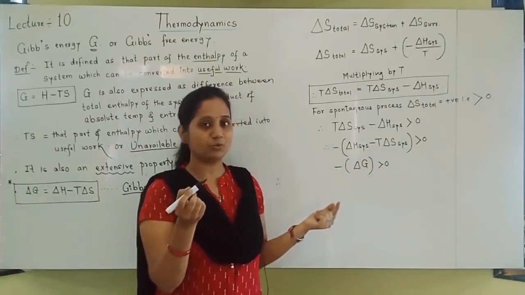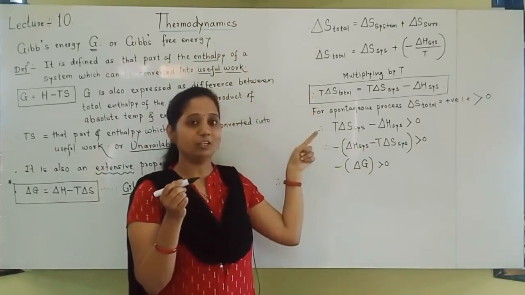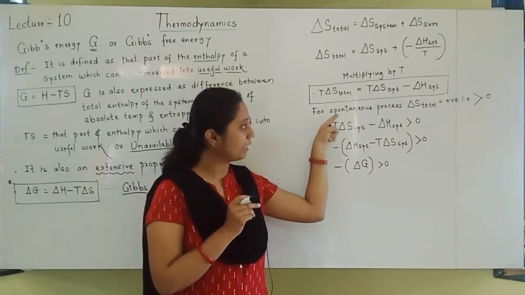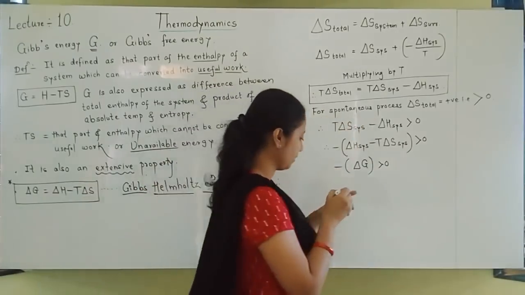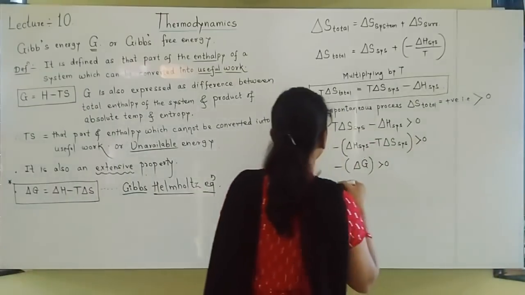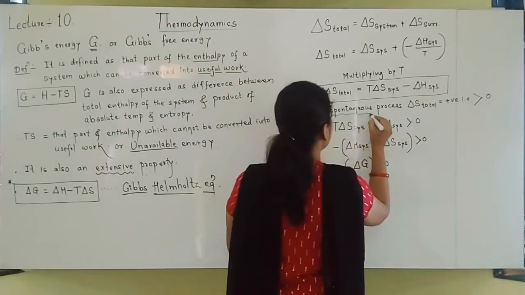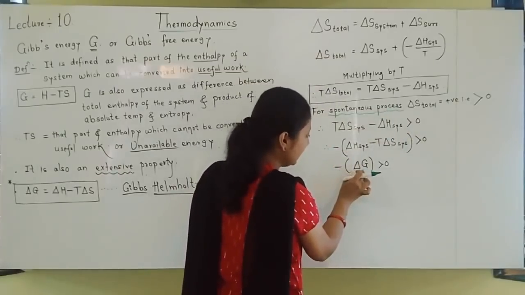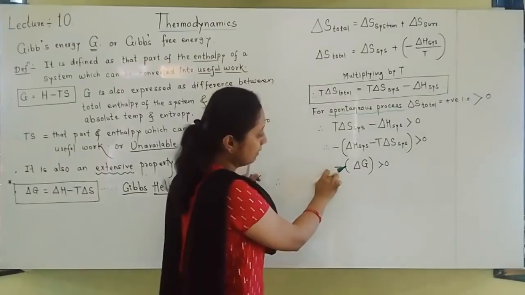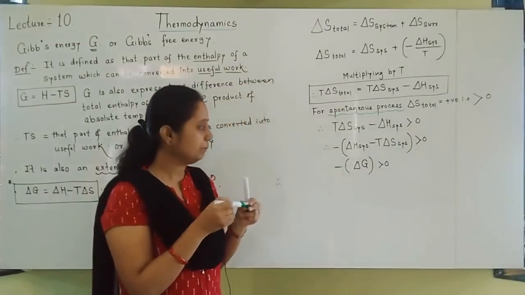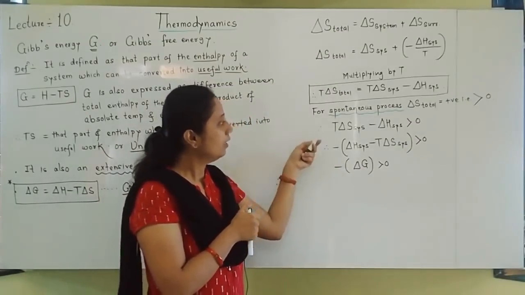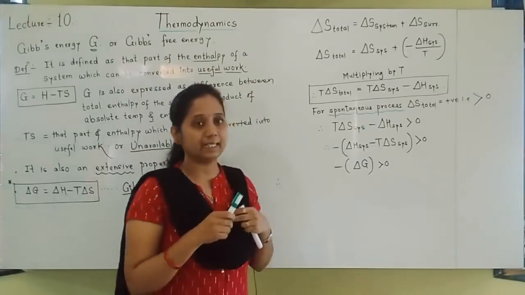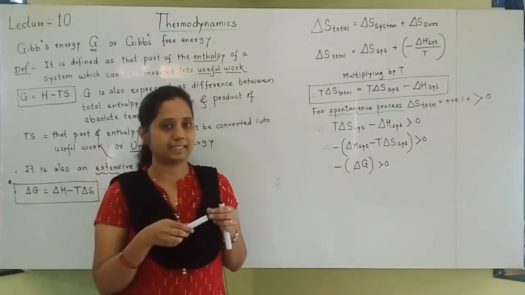So you came to know, whatever things we were knowing, from that we derived that for a spontaneous process, delta G must be negative. So finally, how can we relate spontaneity and delta G?